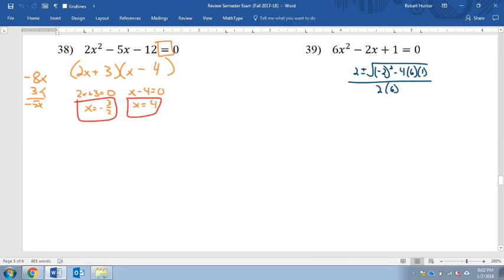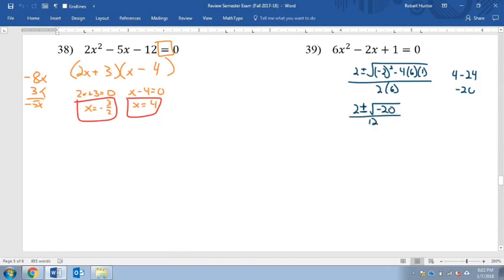So that's 2 plus or minus. My discriminant is 4 minus 4 times 6 is 24, which is negative 20. The square root of negative 20 all over 12.